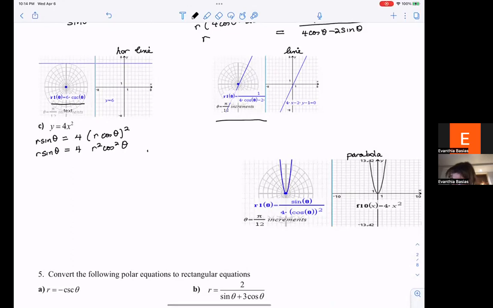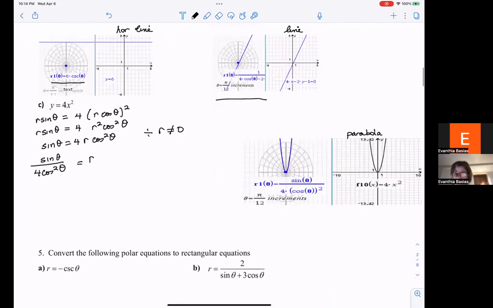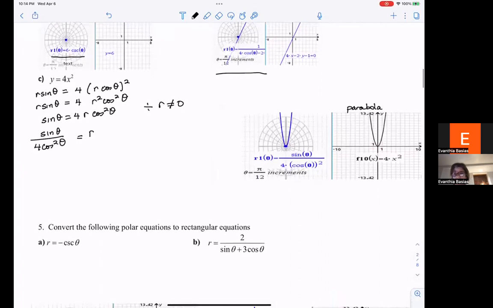And we could divide each side by r since r cannot be 0. And we end up with sine theta is equal to 4r cosine squared theta. So r is simply sine theta over 4 cosine squared theta, not a trivial equation at all for a parabola on the polar curve.